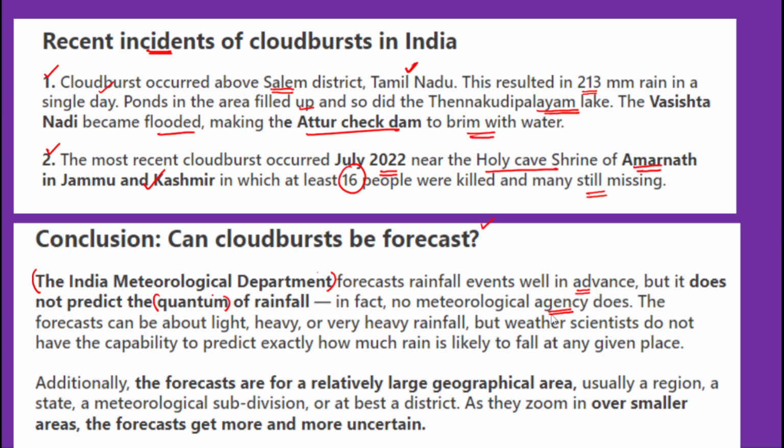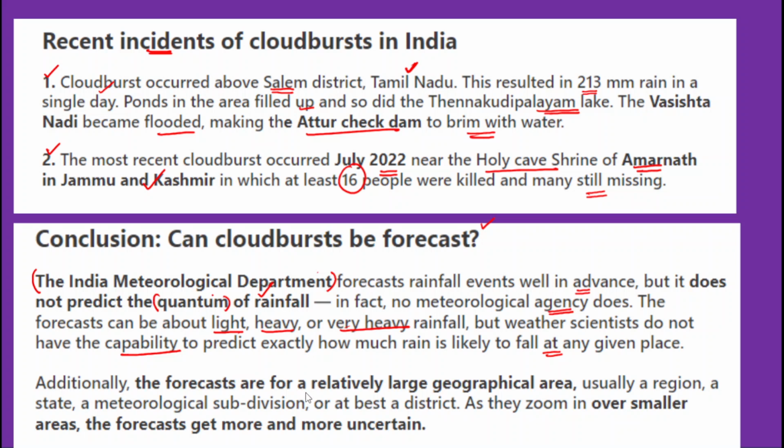With a cloudburst we experience excessive rainfall, but the forecast can usually only be about light, heavy or very heavy rainfall, even cyclones. Weather scientists do not have the capability to predict exactly how much rain is likely to fall at a given place. That is the major disadvantage in predicting these cloudbursts.